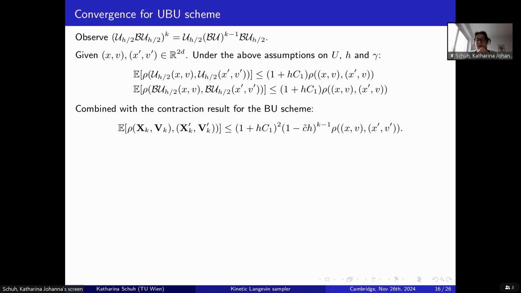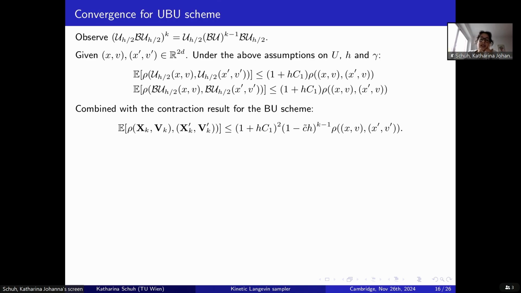we can show that with this distance rho we have constructed for the contractivity of the BU scheme, if we start with two initial conditions, after one step we can control the increase of the distance by 1 plus h times some constant c1. And for both cases.